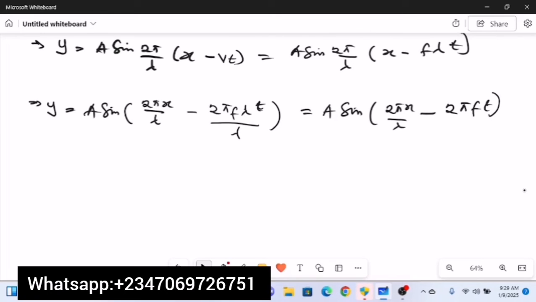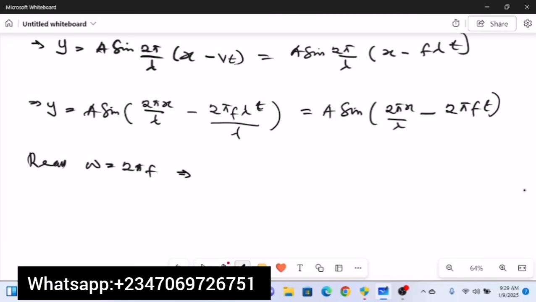But you recall from circular motion that omega is actually 2 pi f, which is the angular speed, the speed around a cycle.